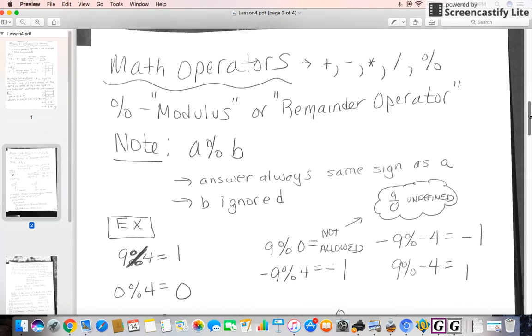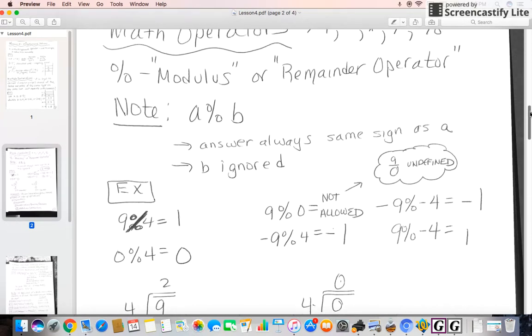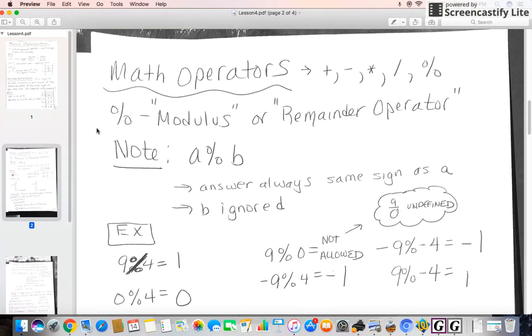As we have discussed, in Java you can use all the basic math operators: addition, subtraction, multiplication, and division. But there's a new one called modulus, and the symbol is the % symbol. When you see that symbol, you think modulus, or sometimes it is referred to as the remainder operator.